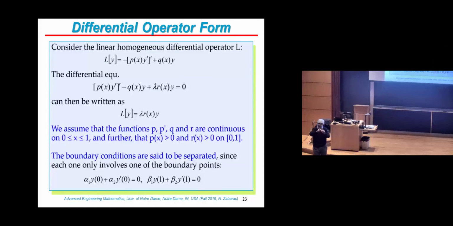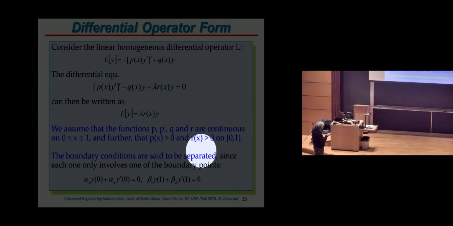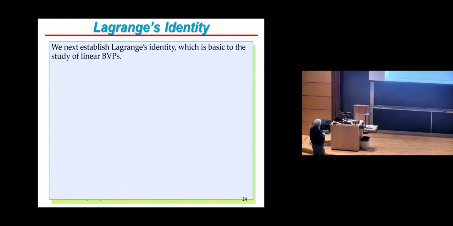If you think that you have a string and you bring it all the way around, you can have periodic boundary conditions, and the boundary conditions can become what is called separated. So I'm going to use this later in the lecture, but right now we work with the standard boundary conditions that you see down there.